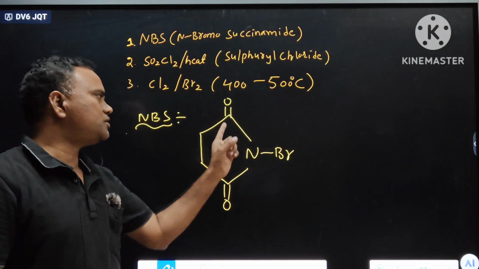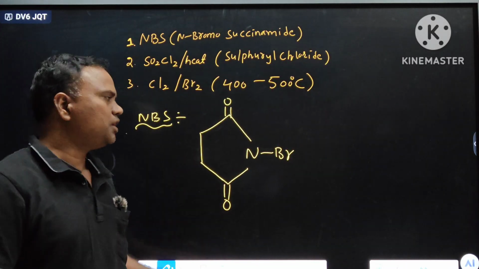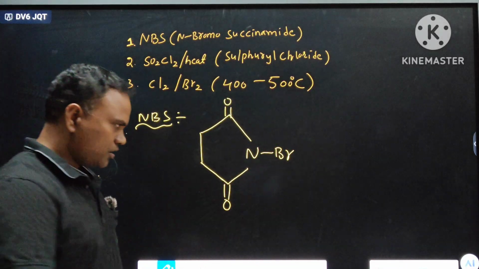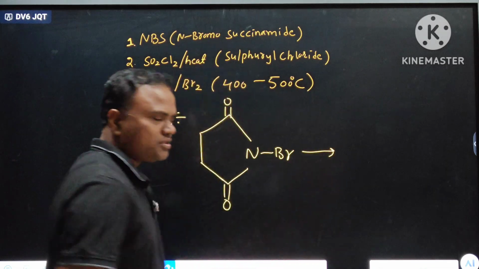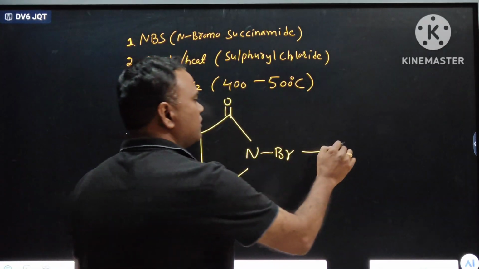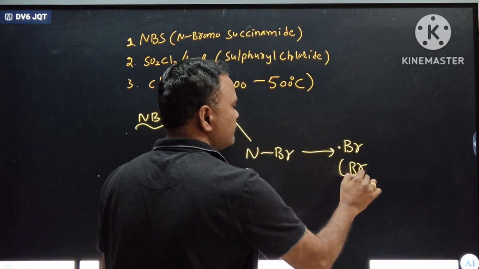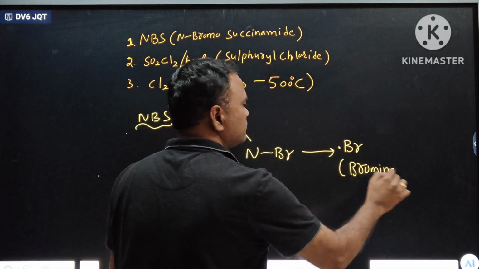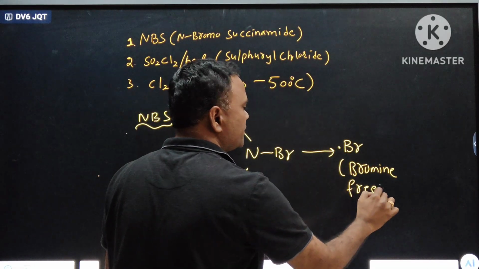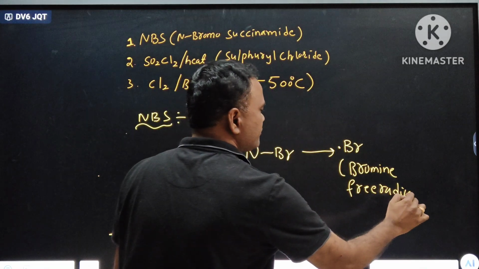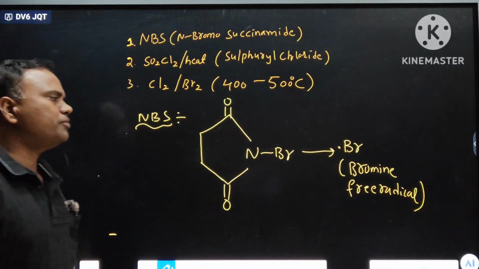This is the succinic acid part. You remember, this NBS reagent releases a bromine radical. Very important. A bromine free radical is released.